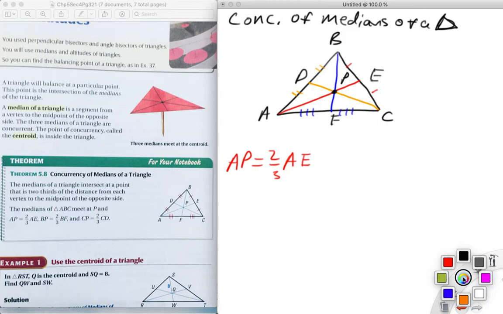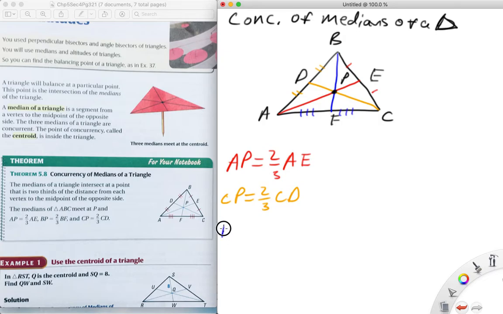If I was looking at the point of concurrency to the vertex C, PC, or CP, that would equal 2/3 the distance of the entire median CD. If I was looking at the point of concurrency to vertex B, BP, that would equal 2/3 the distance of the whole entire median, BF.